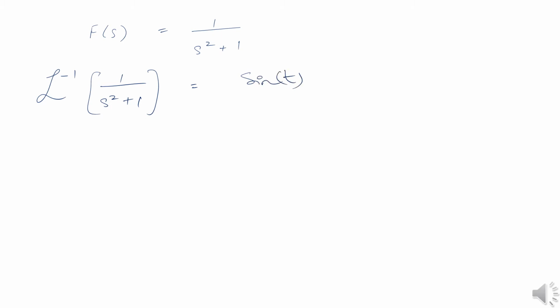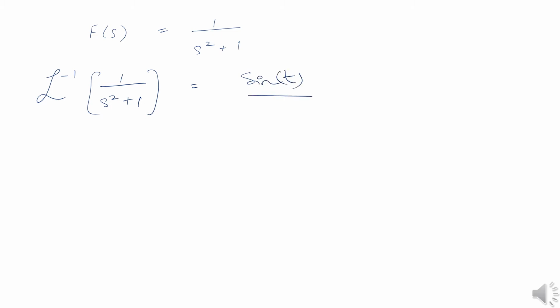F(s) in this case is just 1 over s squared plus 1. If I take the inverse transform of this function, it equals sine of t, as we can see from the table of Laplace inverse.